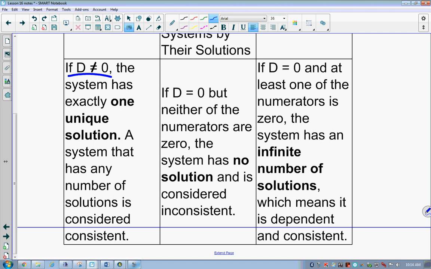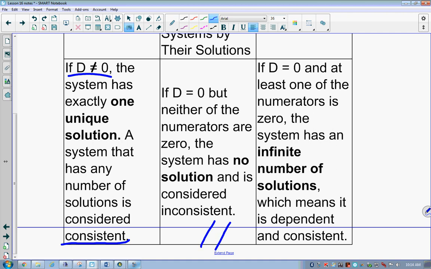Okay? A system that has any number of solutions is consistent. And we remember that the other day when we were talking about graphing equations. Okay? If the denominator does equal 0, but neither of the numerators are 0, that's going to have no solution and is considered inconsistent. Basically, what we're talking about here is parallel lines. Okay?